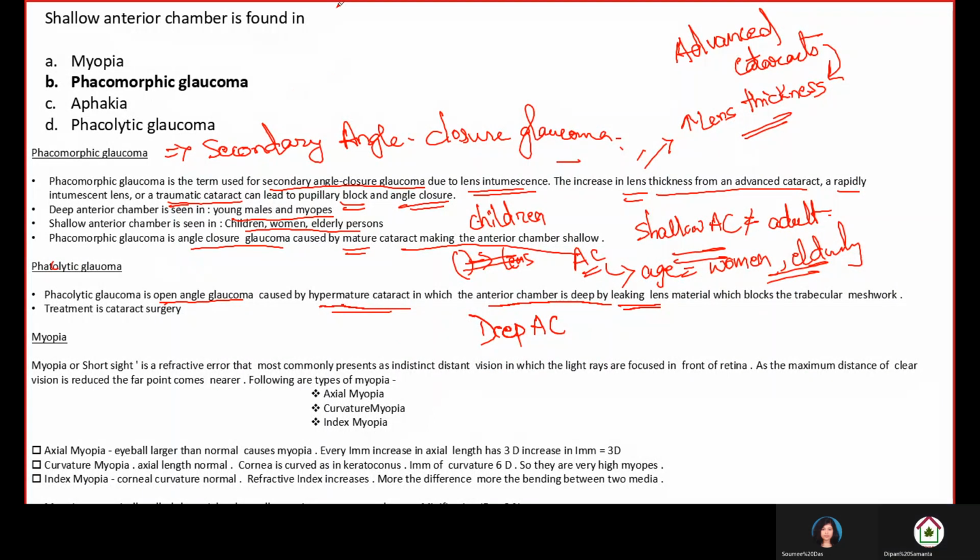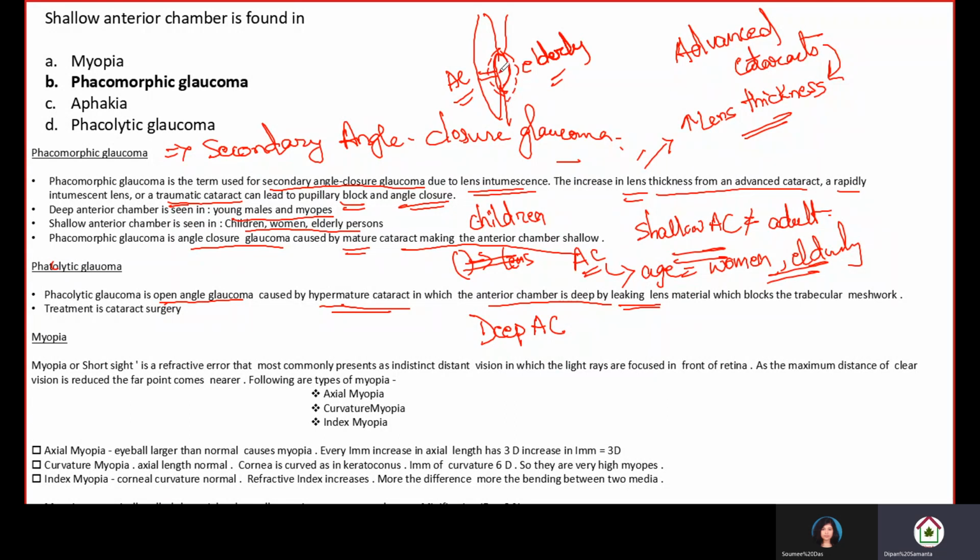Just remember like this. This is the lens, and this is the anterior chamber. If the lens gains some material in the elderly, the anterior chamber gets shallow.